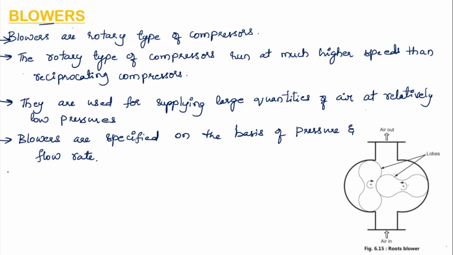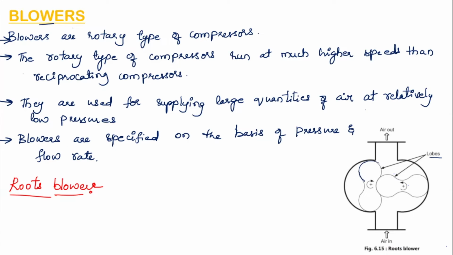Now let us discuss the roots blower. This type of blower, that is the roots blower compressor, consists of two lobe rotors in an airtight casing. Here you can see there are two lobed rotors.